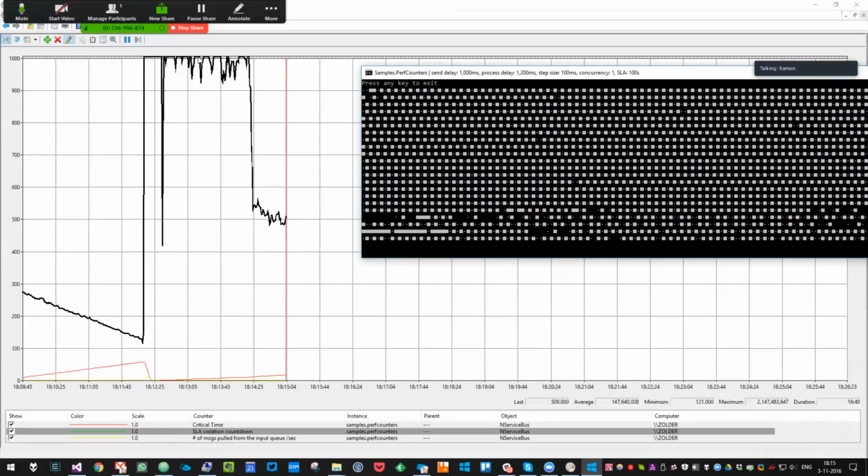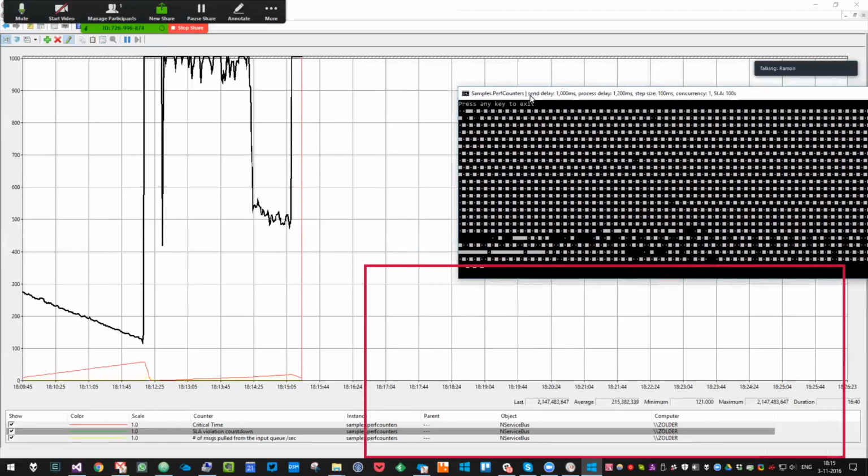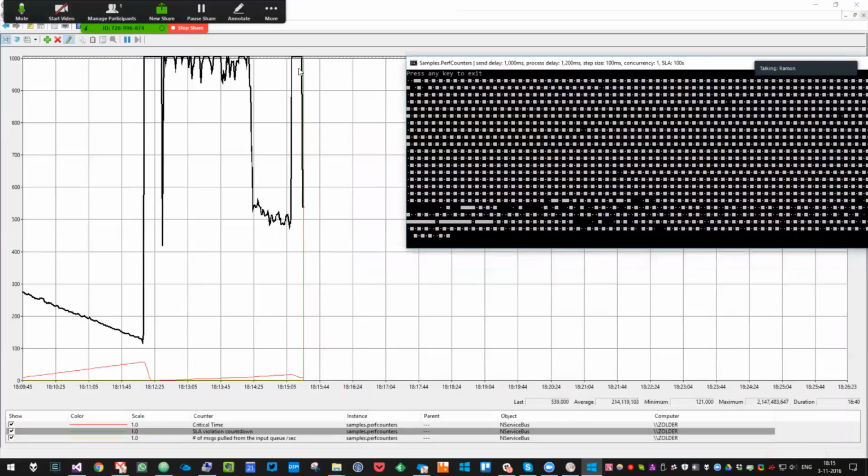So once we see that this value is dropping, let me just demonstrate that. Let's go back. So now the value of the graph is high. This means there is no issue at all. If we go back to here, we will see that the service level agreement is dropping.